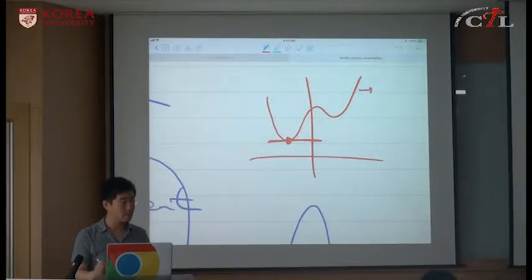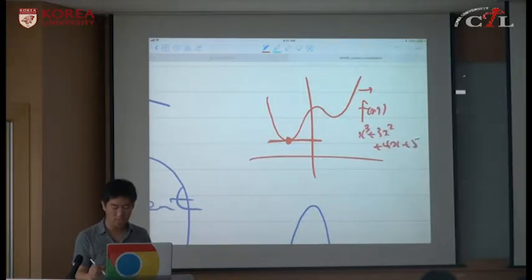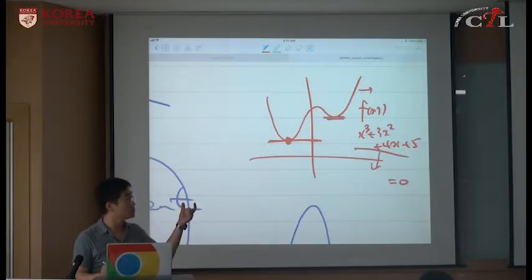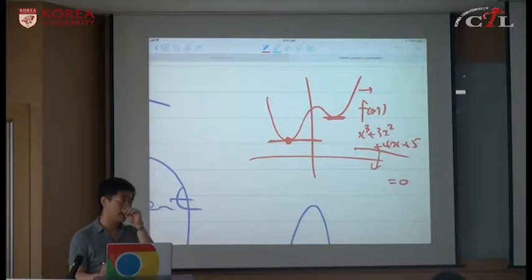Given this curve, a one-dimensional function like f(x) equals maybe x squared, by taking the derivative and setting it to 0, we obtain multiple solutions. They correspond to points like this one, because these different x values have a slope of 0, right?